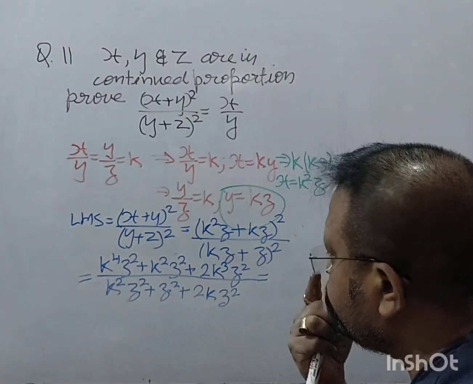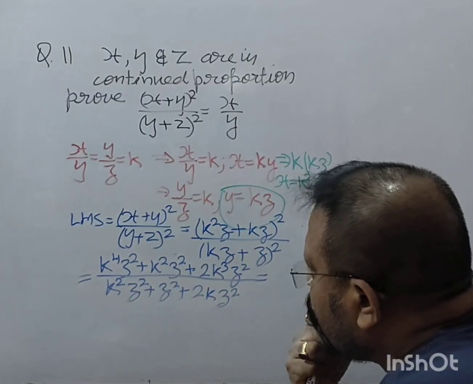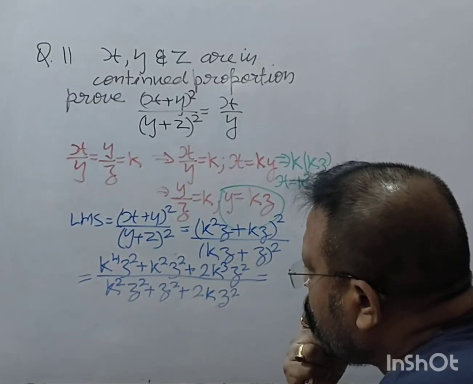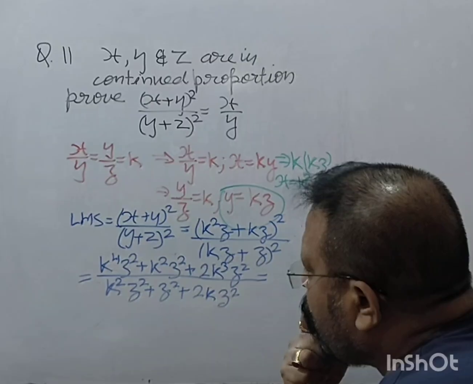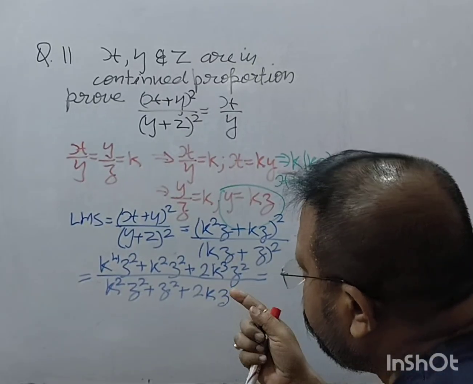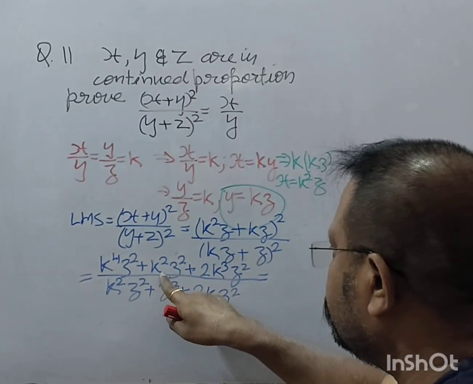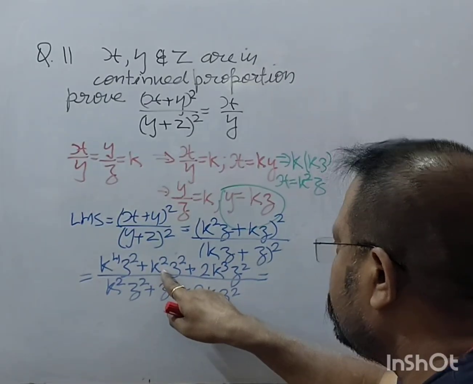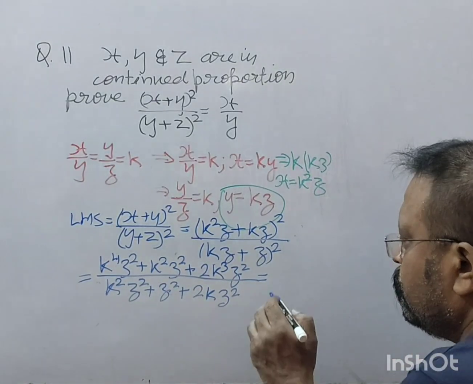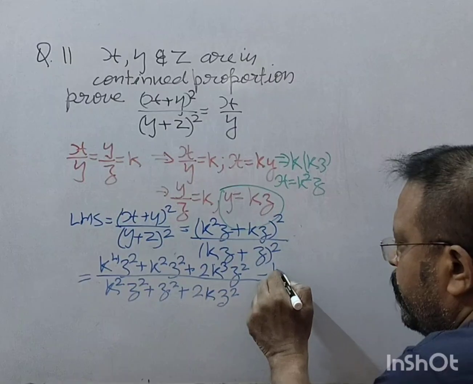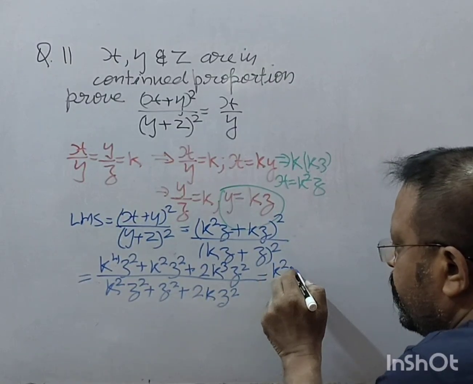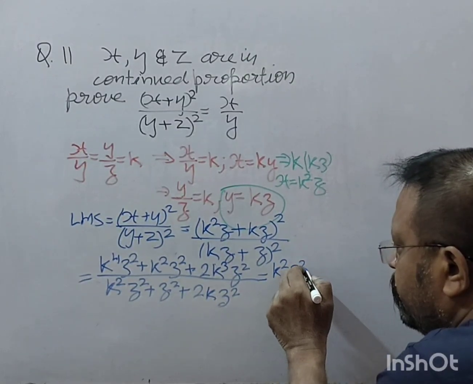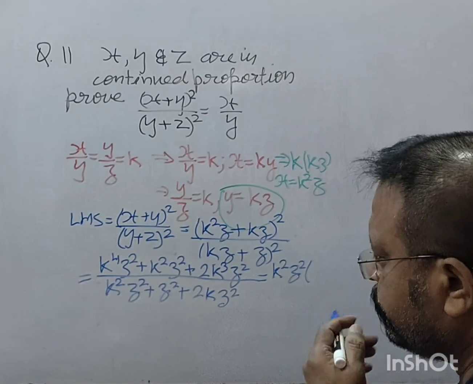Now what you do, if we take the lowest power, k raised to the power 2 z square, we have taken as common.